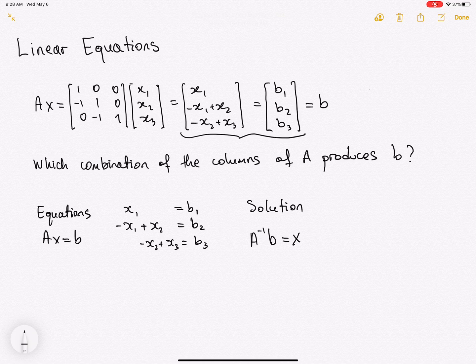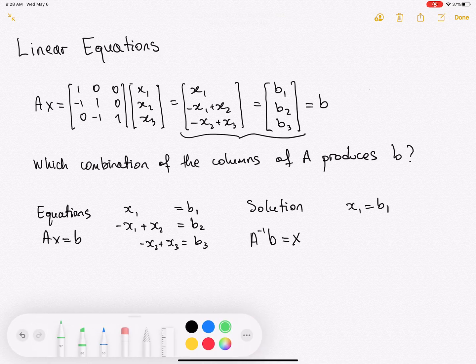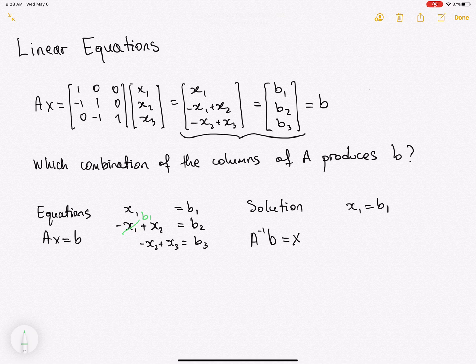The first equation here tells us exactly that x1 must be b1, right? Now, that means that we can replace here x1 with b1 and immediately from here find an expression for x2. So from here we have x2 must be b1 plus b2.